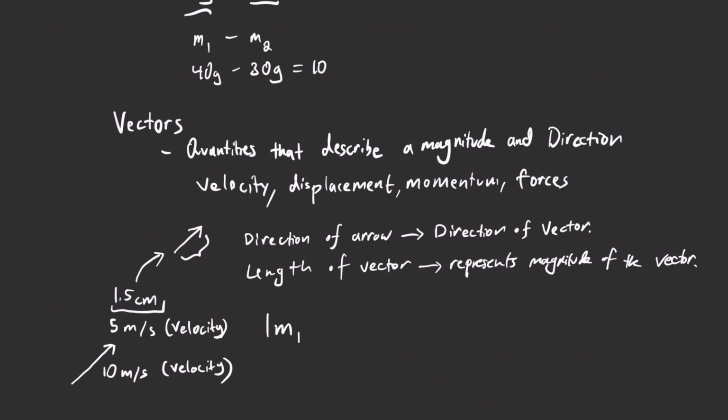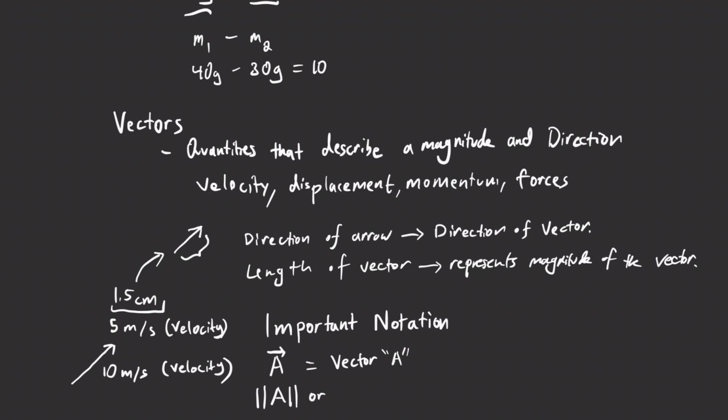So some important notation for vectors. When we want to write a vector, and let's call this vector here on the left, vector A, we write it with an arrow on the top. And this just means vector A. If we wanted to describe the magnitude of the vector, there's a few ways it can be written.